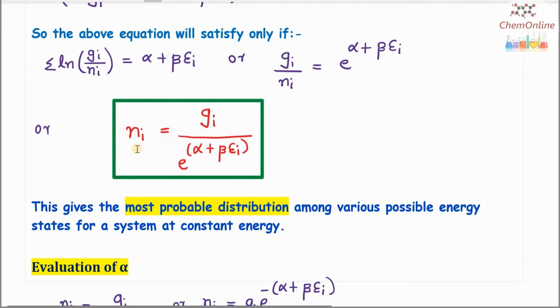Okay, so you have ni equals gi by e raised to alpha plus beta epsilon I. This is the fundamental equation which represents the most probable distribution.